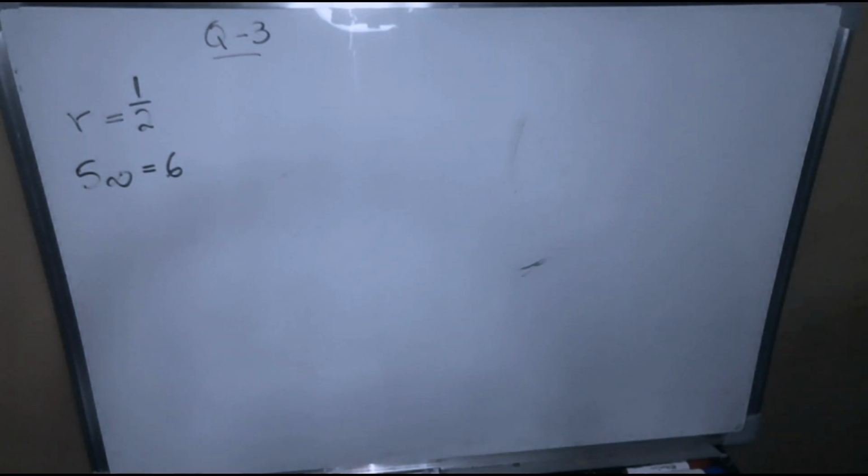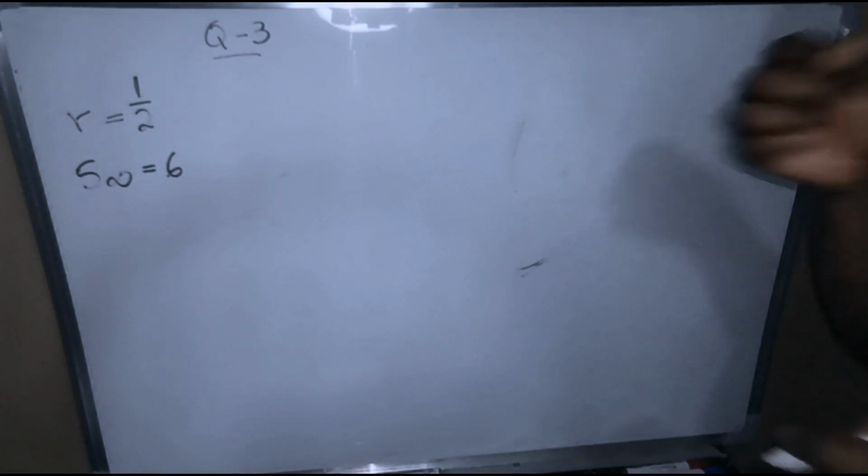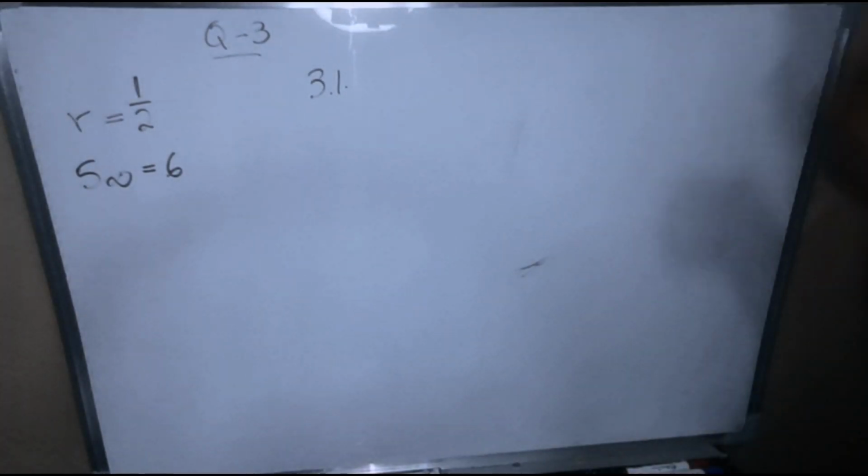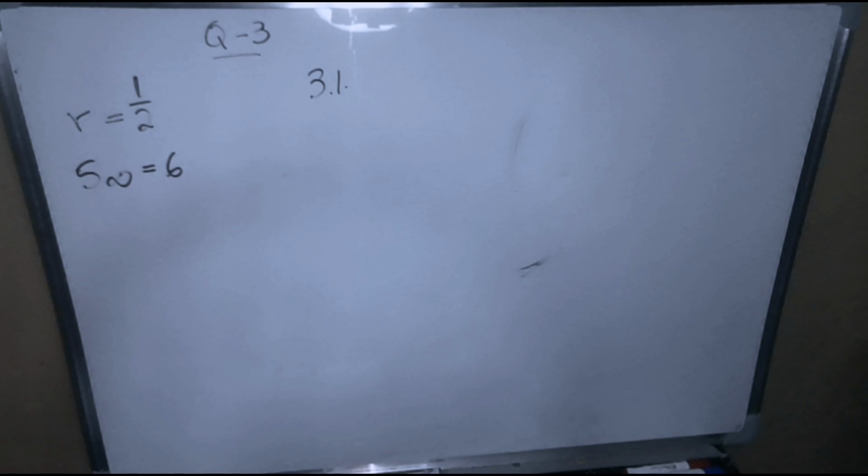Now the first question, 3.1, says calculate the first term of the series. Remember that in a geometric series, our first term is the value of a, its symbol is a.